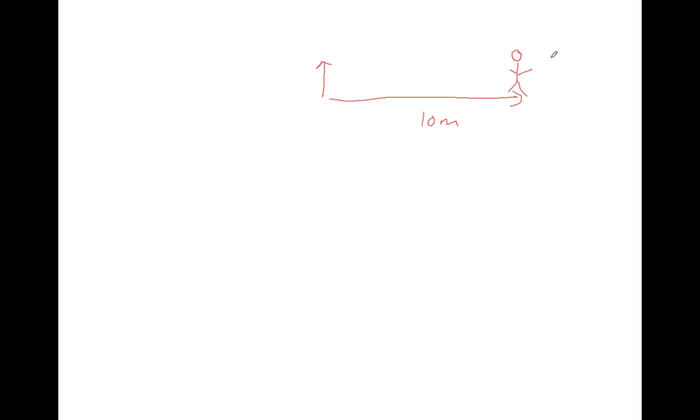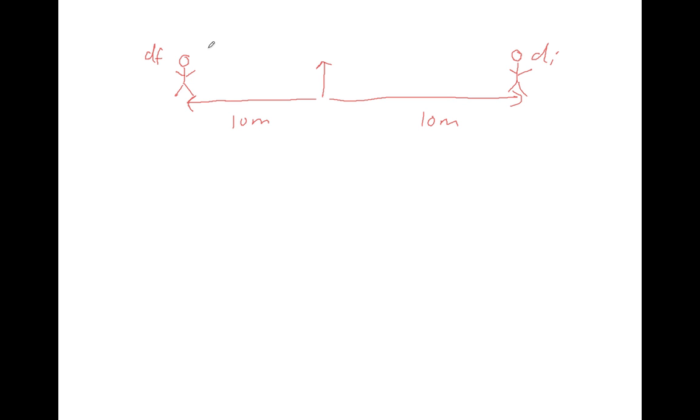And then this is your D initial. Then the person, after some time, travels to 10 meters west of the fire hydrant. This is your D final.